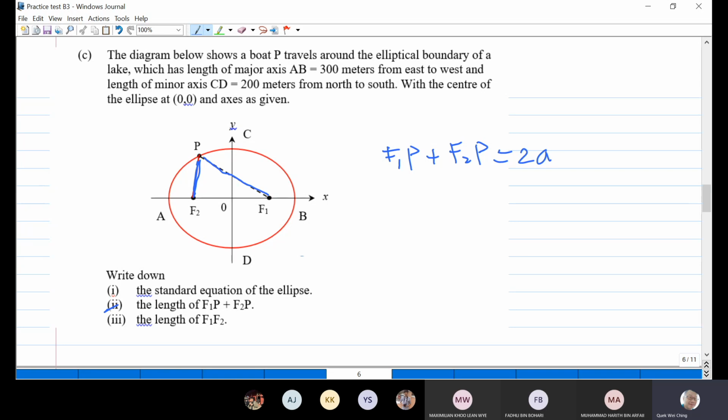And this is page 312 in the notes. It's a memorized one, so this one you memorize here.